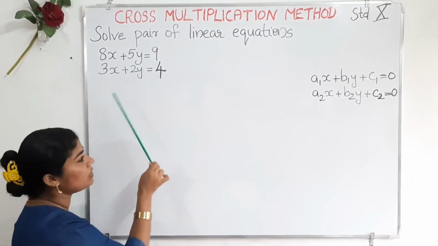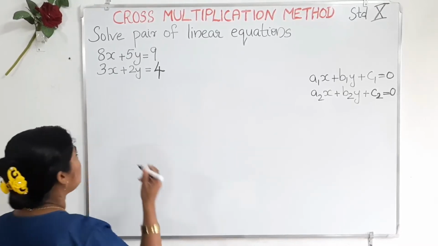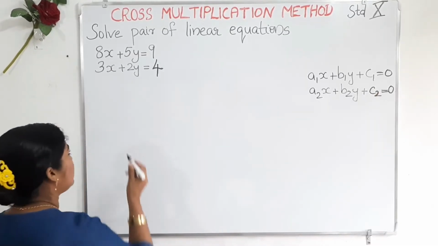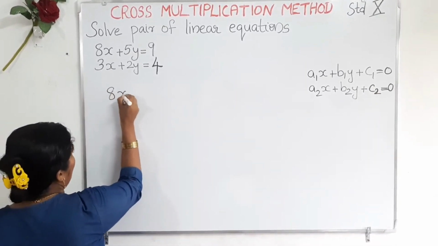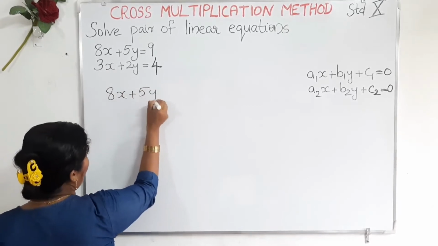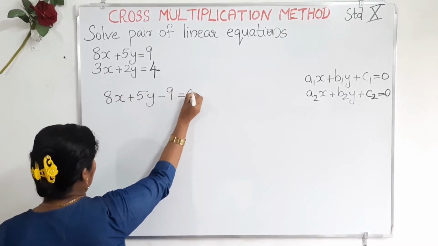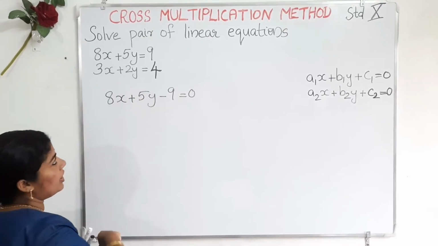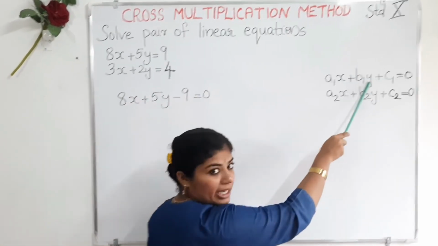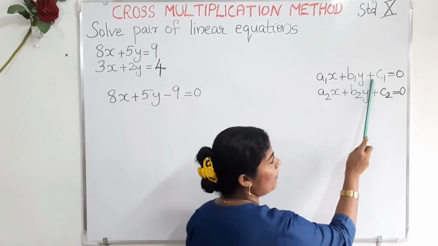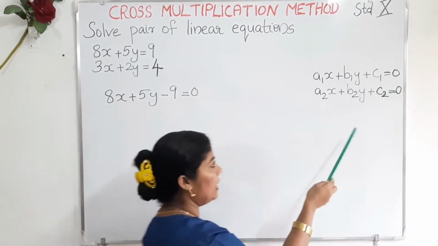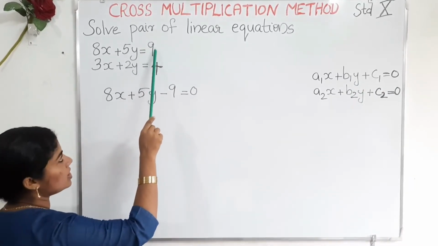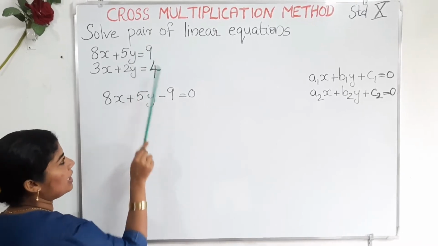So we have to change it, right? Give some change so that it has plus C1 and equal to 0. Like that you change this one: 8x plus 5y minus 9 equal to 0. Now compare this with your standard form: B1y plus C1 equal to 0, so C1 is written after the equal to symbol, so you write minus 9 equal to 0.